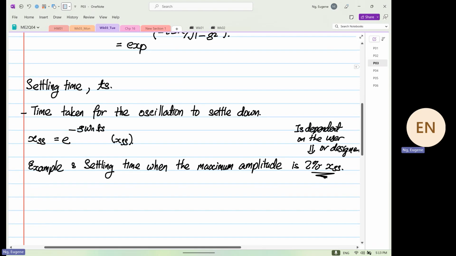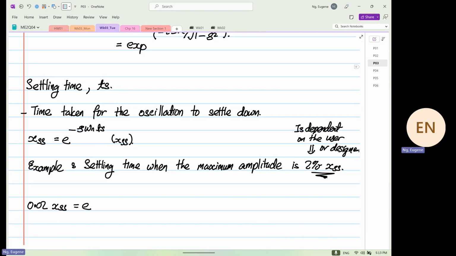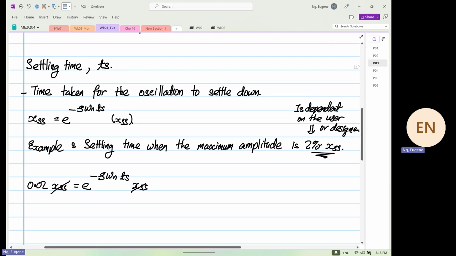So when that's the case, you put this as 0.02 x_ss equals e to the minus zeta omega n Ts times x_ss. So we can get rid of the x_ss. Then we can introduce natural log on both sides.